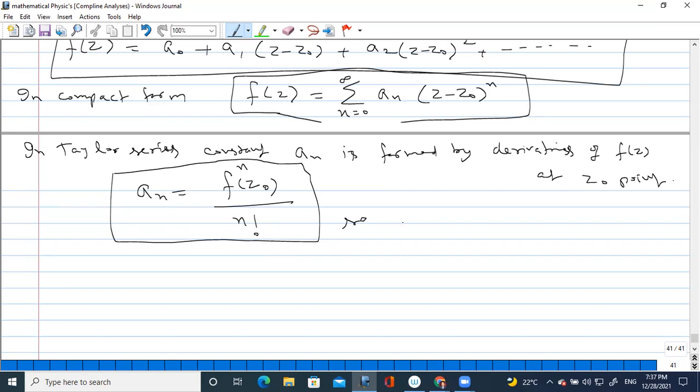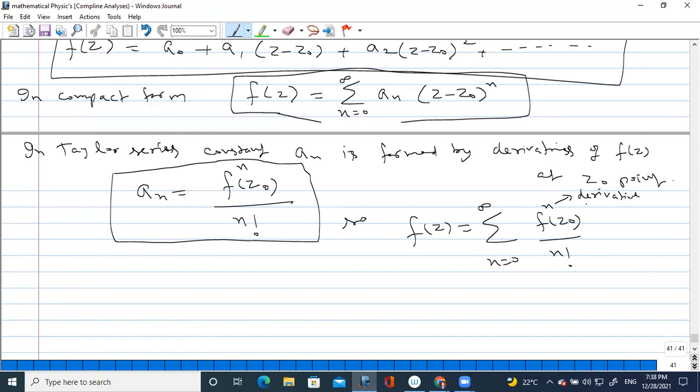So we can write f(z) equal to summation n equal to 0 to infinity. In place of an I can write f^(n)(z0) divided by factorial n. So this n gives you the derivative.